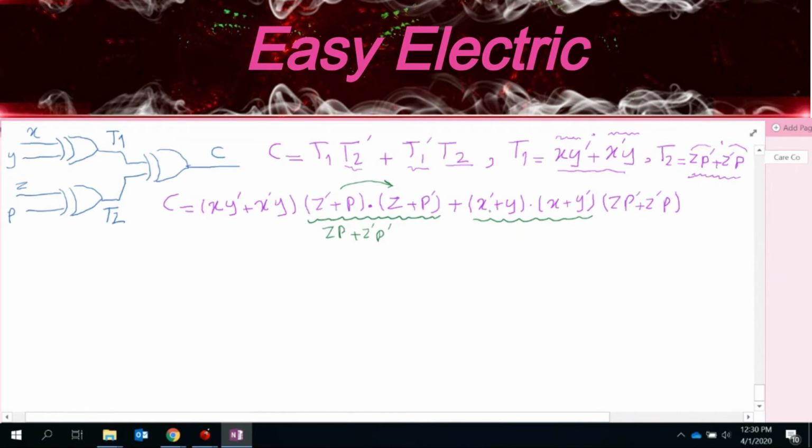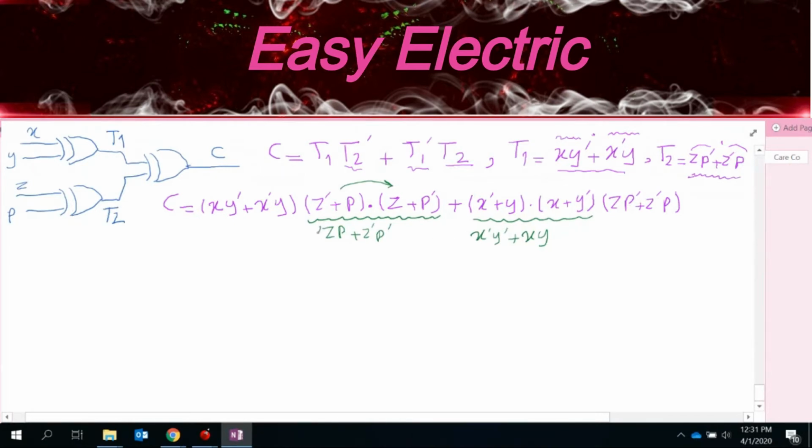Same thing for this. Distribute this inside this. You have x prime x, which is 0. So then x prime y prime. So from this you have x prime y prime plus, distribute this inside, so it should be xy, then y prime y, which is 0. I'm not going to write that, okay? So this is the next step. So what's next?